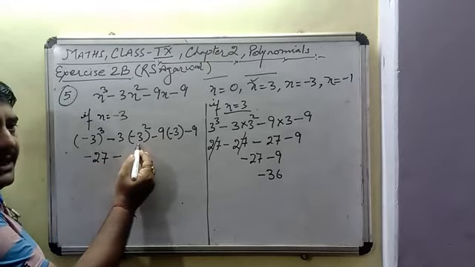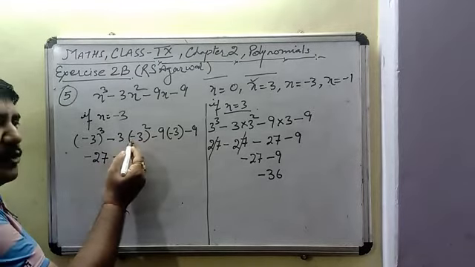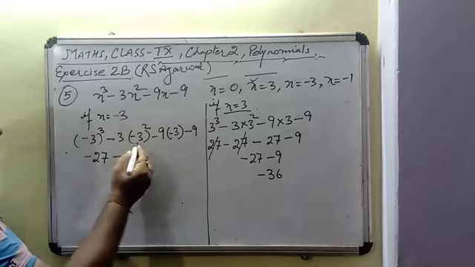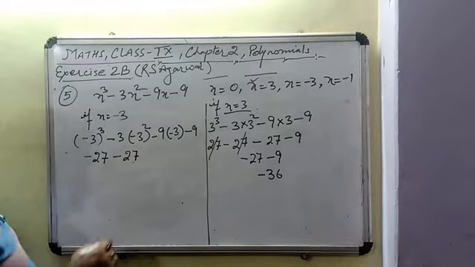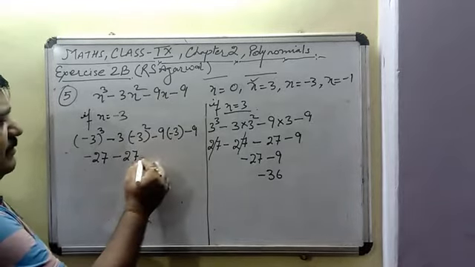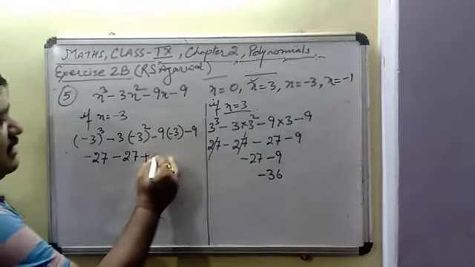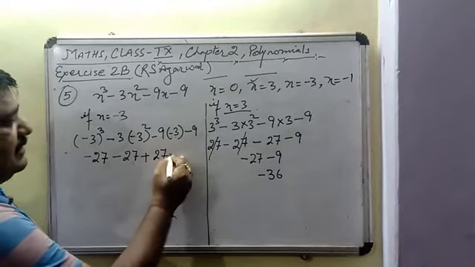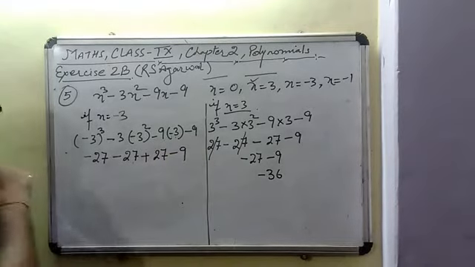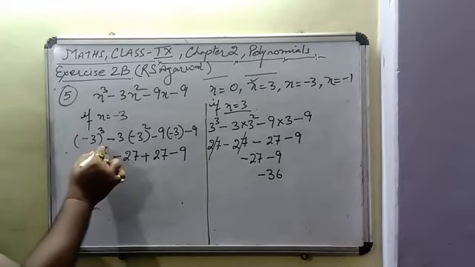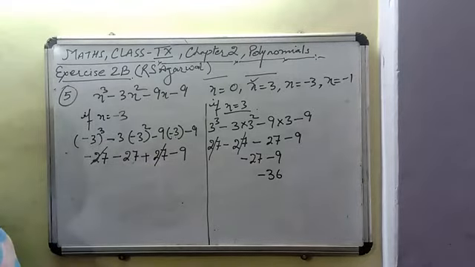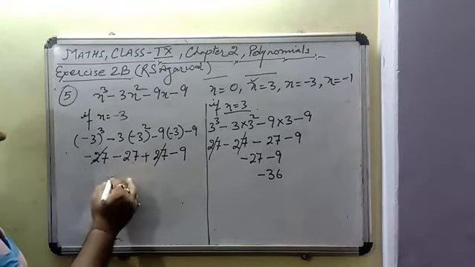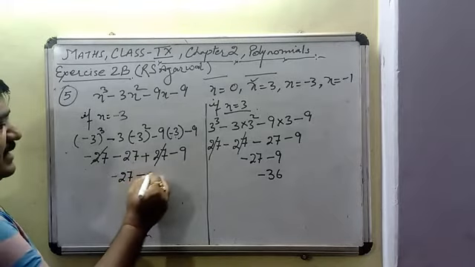3 3 are 9 और माइनस इंटू माइनस प्लस हो गया, प्लस का 9, 9 इंटू 3 27, नेगेटिव इंटू नेगेटिव पॉजिटिव, 9 3 जा 27 and plus minus 9. See here I am having negative 27, here I am having positive 27, 27 cancelled. What is left here? Minus 27 minus 9.